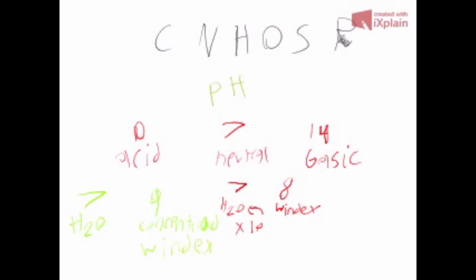We could say that pH 8 is like watered down Windex, and we could say that pH 9 is more concentrated. So in this case, when you go from 7 to 9, it's 100 times more basic than water. So that's how the pH scale works.